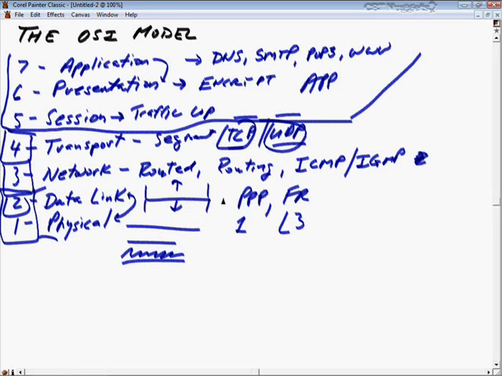For example, it's a switch that has a route processor or routing capability built into it. So a layer 3 switch is a switch that also operates at network layer 3. That's the OSI model: application down to physical, layer 7 down to layer 1. Got to memorize it. All right.